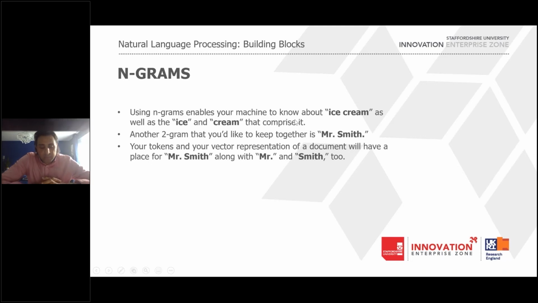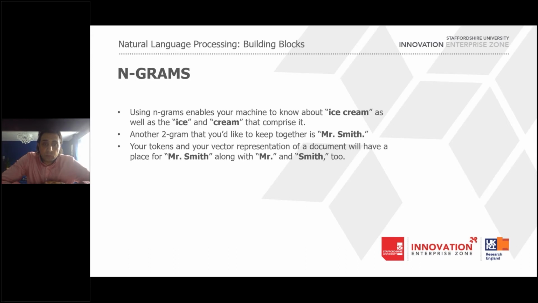Using N-grams will allow our machine to add more meanings and more meaningful tokens to its vocabulary, which will help it understand our natural language better. For example, ice cream could be extracted into 2 tokens, ice and cream, but you can define ice cream as a bigram, a 2-gram, and add it to your dictionary or vocabulary.